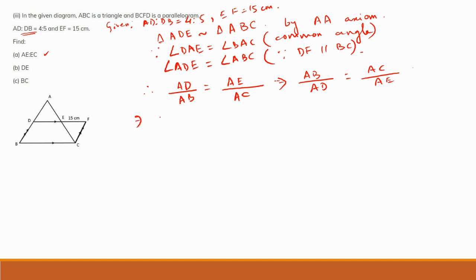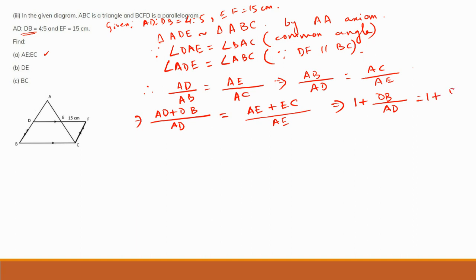So AB is basically AD plus DB, right? I can write it like that. So AB divided by AD, AD plus DB divided by AD, and AC you can write as AE plus EC divided by AE. So from here you get 1 plus DB by AD equals 1 plus EC by AE.